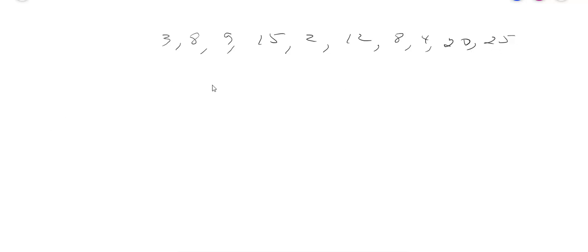So what I'm going to do is find percentiles. Each number has its own percentile. We're talking just about this set of data right here. Okay, there's 10. What I've got to do is put them in order.